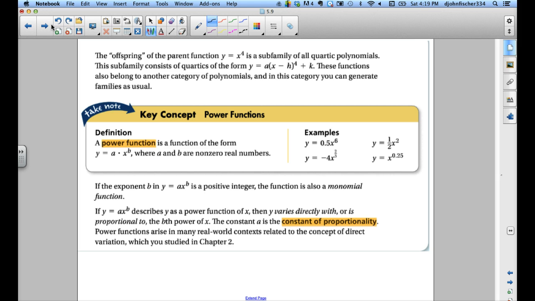If the exponent b is a positive integer, the function is a monomial function. It describes y as a function where x varies directly with, or is proportional to, the b power. The constant a is the constant of proportionality. Power functions arise from many real-world problems.